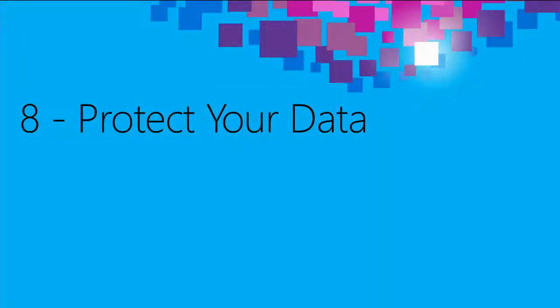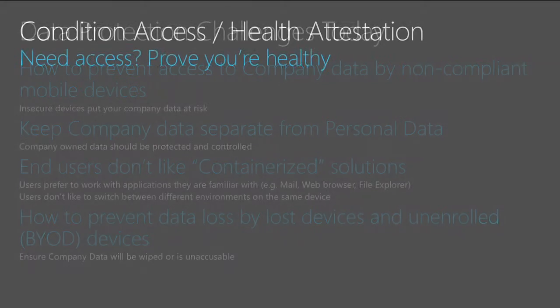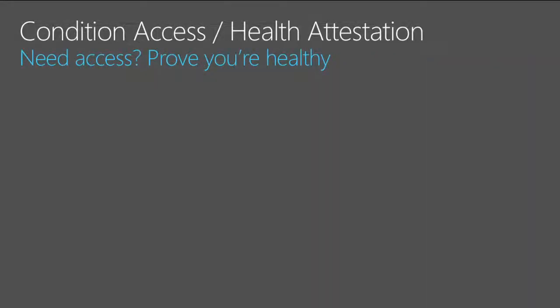So the other thing, and I'm not going to talk about it very deep because this is a very complex area where they have presentations that take 60 or 90 minutes, is protect your data. And there are really two ways of protecting your data. First of all is preventing users that have devices that you don't trust from accessing your data.